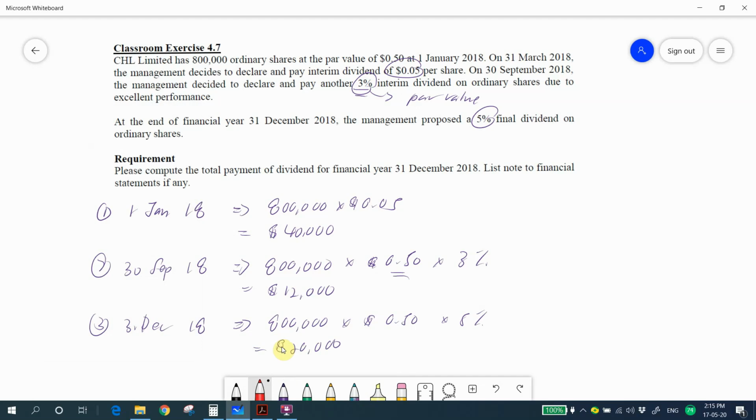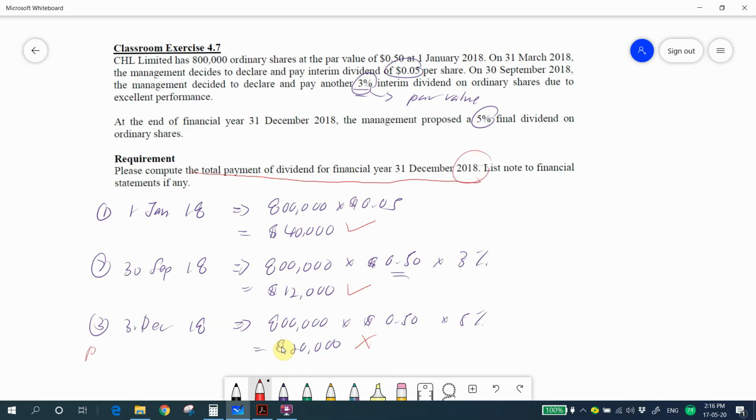So let's take a look on the requirement. Total payment of dividend for the financial year 31st December 2018. So tell me 1, 2, 3, which one should include as the dividend? The answer is the first one, 1st January, second one, 30th of September. The third one, 31st December 2018, we cannot consider as 2018 dividend payment.